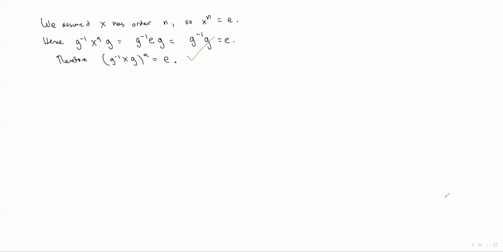So that just proves one thing. That proves that our conjugate element repeated N times gives the identity. We have to show that no smaller amount of repetitions gives the identity. So for the second part, suppose for a contradiction, so I'm trying to prove that there's no such M, and a natural way to prove it is suppose there is such an M and show that you get a contradiction.